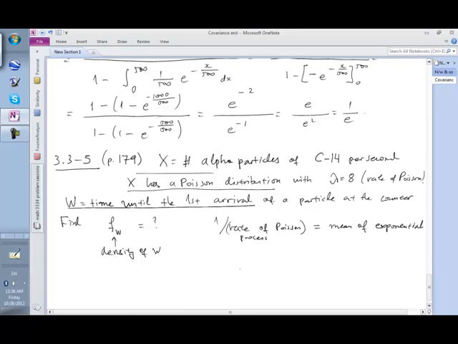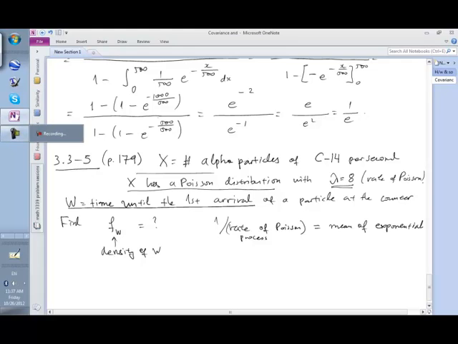Here you have a Poisson distribution with a mean of 8. That means a mean of 8 particles per second, so this can also be considered the rate. This lambda equal 8 is 8 particles per second, because the problem says precisely, let X equal the number of alpha particle emissions of carbon-14 per second.